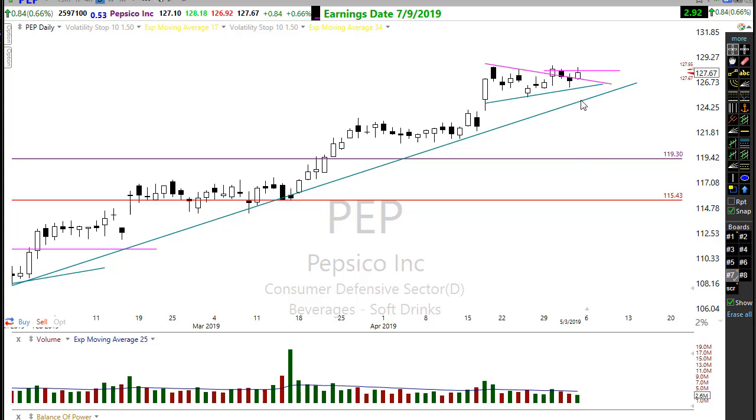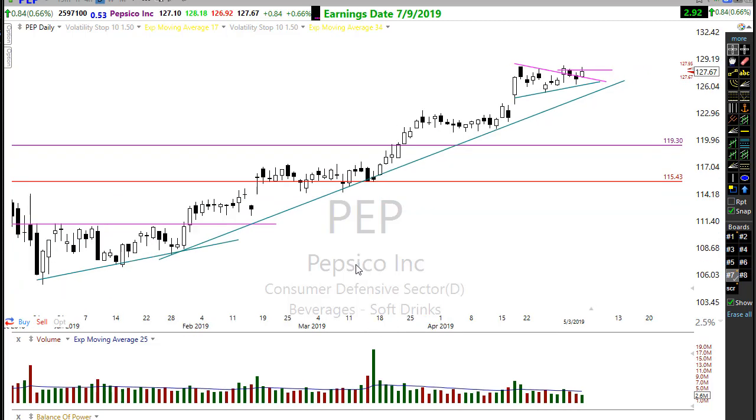Now, that doesn't mean this can't continue to consolidate or anything like that, but we're proving some support here, right? In that chart. That pennant is trying to hold up. So we have an opportunity maybe here to take this chart and move this on higher. Okay? Make sense?